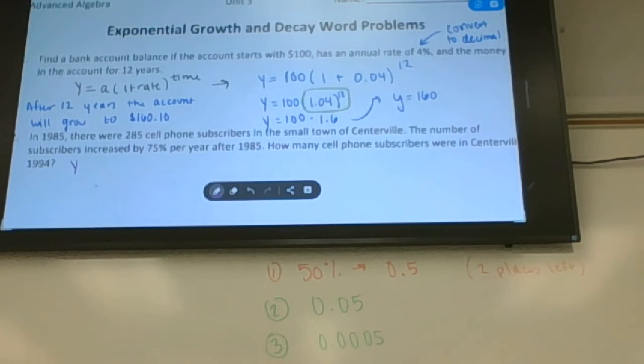Okay, I'm going to go ahead and write the formula again. If you write it down every time, you'll have it memorized by the end of class. So we'll put 285 in here. 1 plus, we don't put 75, we put 0.75. That gets converted.